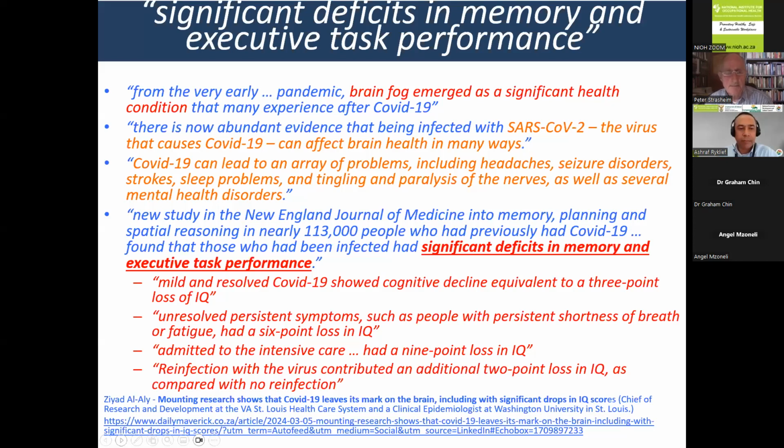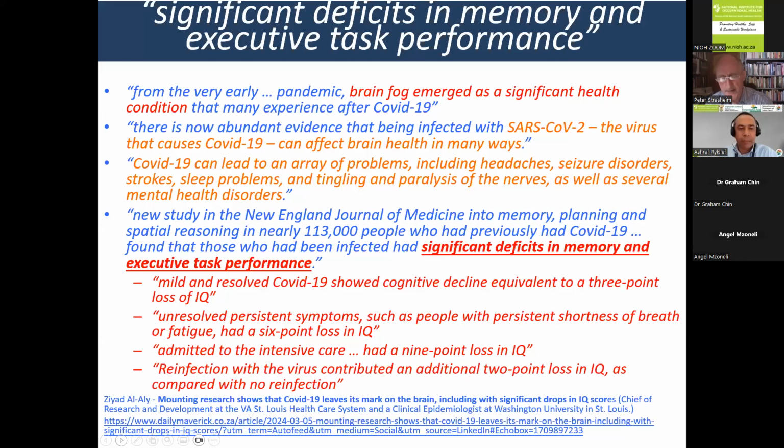He says that mild and resolved COVID showed a cognitive decline of three IQ points. Unresolved persistent symptoms had a 6-point loss in IQ and 9 points in people who had intensive care. Now, that's serious stuff because it goes directly to the performance of a job.